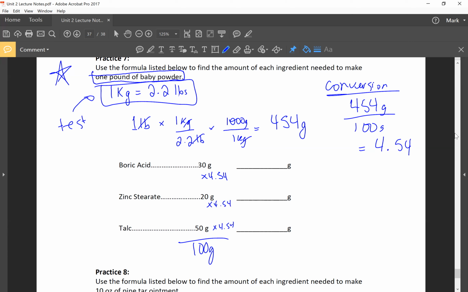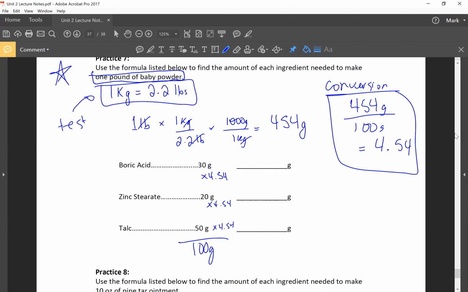And that's it. So remember, this is a recipe. My recipe tells me how to make 100 grams. I want to make 454 grams. So I do my conversion factor here to tell me that every ingredient must be increased, or multiplied, by 4.54.